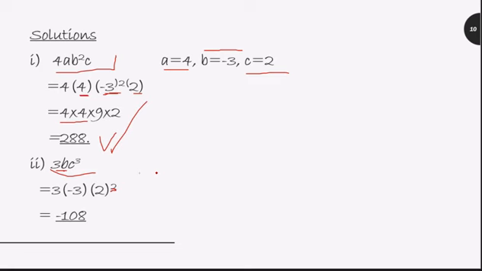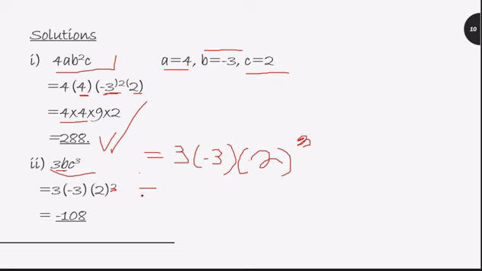So here we're going to have 3 open bracket negative 3 close bracket, and we have 2 to the power 3. I'm not using a calculator.